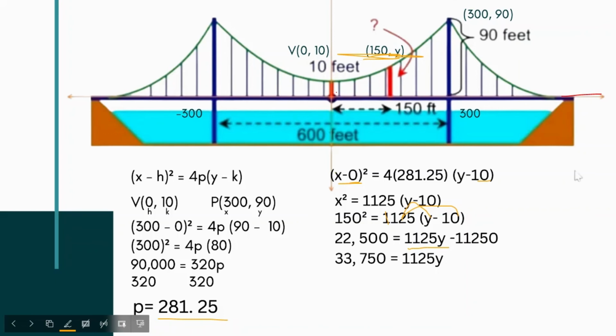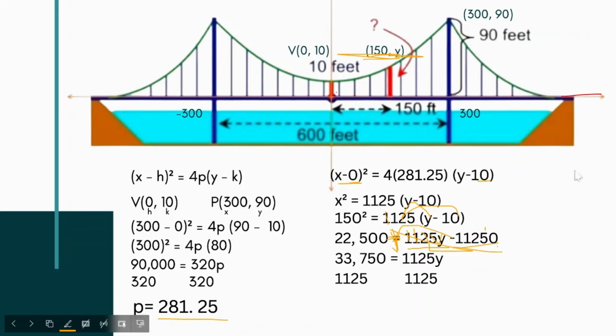Then we just transpose. We need to transpose the 11,250 to the side of 22,500. It becomes plus, because transposing changes the sign. So we have 22,500 plus 11,250, therefore 33,750 equals 1,125y.